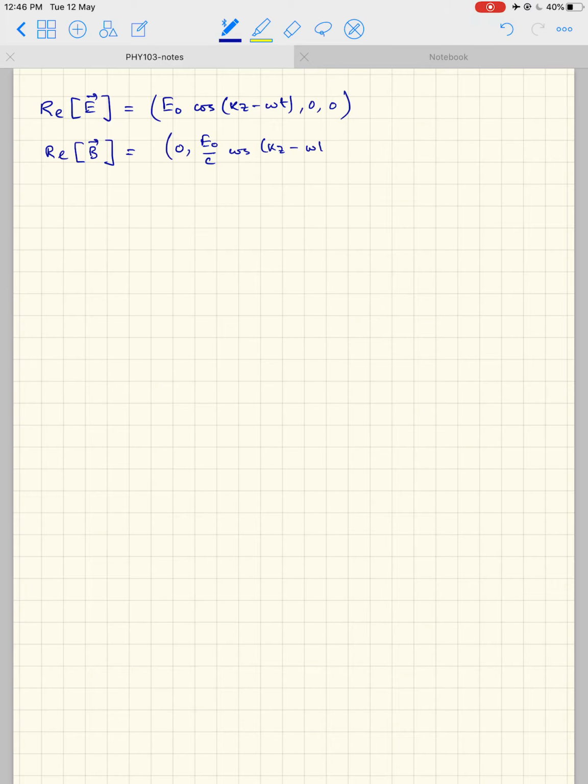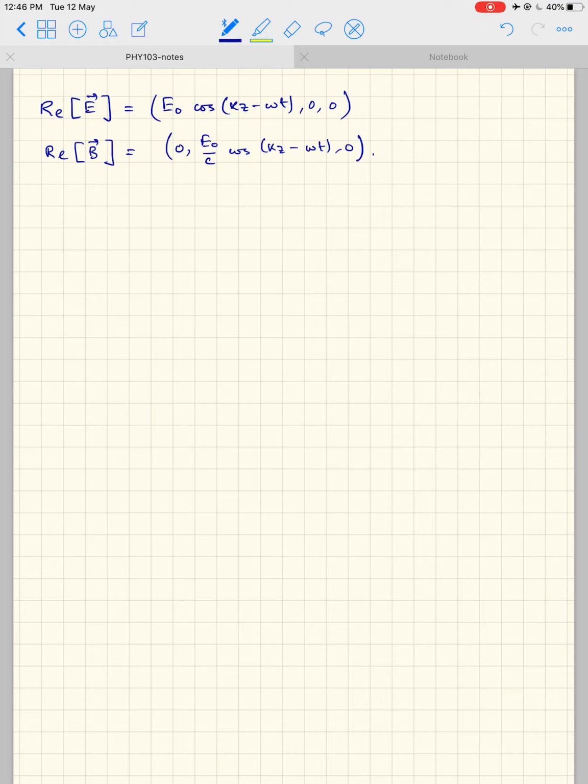So for linearly polarized light in the x direction, the real part of E is E naught cos(kz minus omega t), 0, 0, and the real part of the magnetic field becomes 0, E naught over c cos(kz minus omega t), 0.